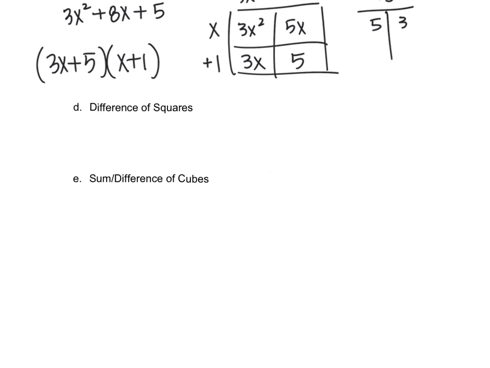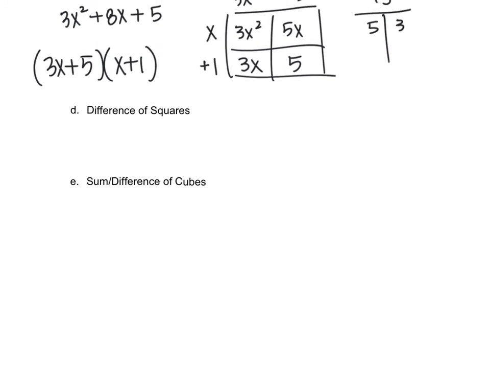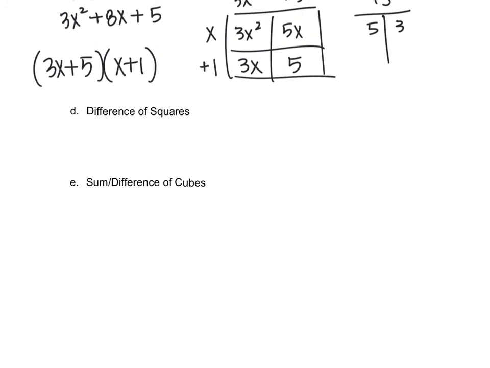So the last 2 things we covered were our special case polynomials. So difference of squares and then sum and difference of cubes. So difference of squares, something like 81x squared minus 25. So when we factor a difference of squares, we look for the term that when you multiply it by itself gives you your term.